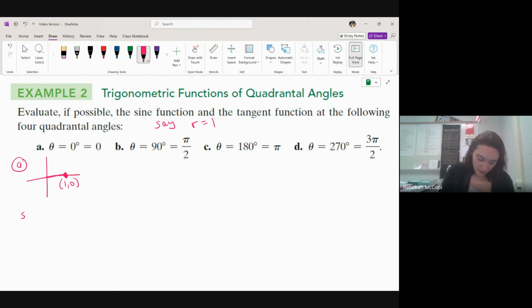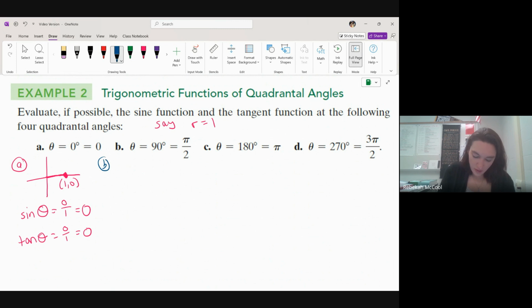So sine of my angle, if our r is 1, just like with our unit circle, we're not going to need to do any dividing, or we'd be dividing by 1. So our y coordinate here is 0. So I'd be dividing that by 1, but I just get 0 back. Tangent is y over x, sine over cosine. So that would also be 0 over 1, which is just 0.